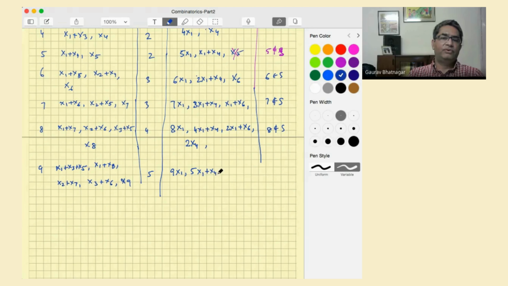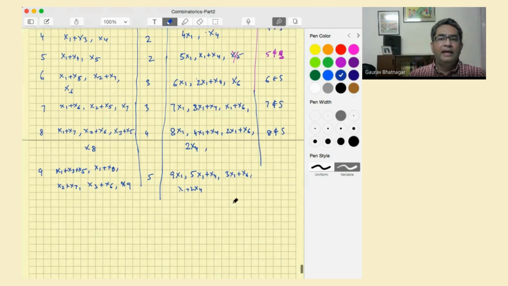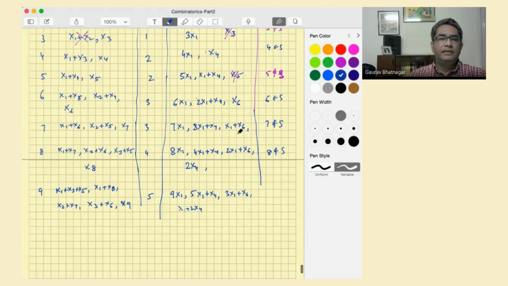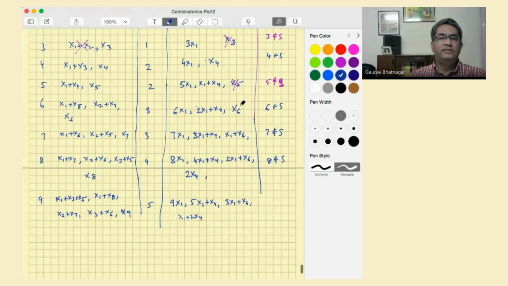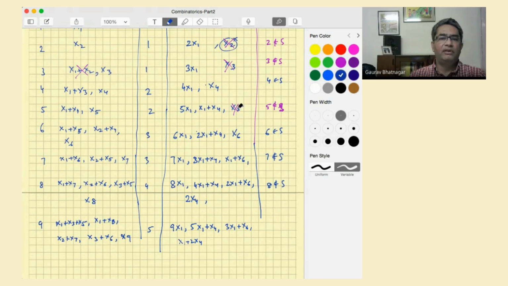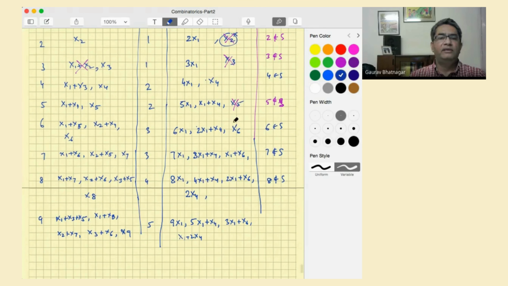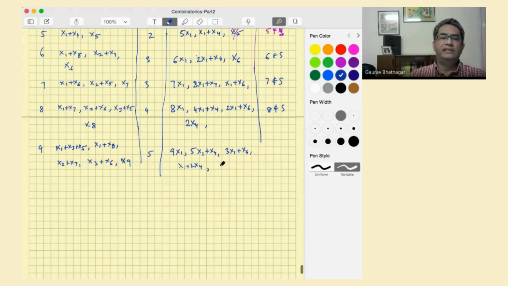Then we have 9x1, 5x1 plus x4, 3x1 plus x6, x1 plus 2x4, and let's see, x2 can't do, x3 can't do, x4 is already covered. So I do need an x9.